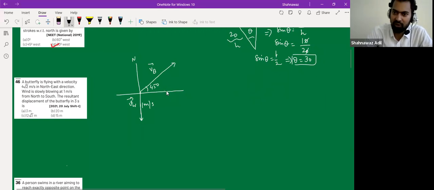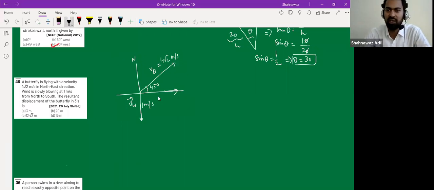What will be this component? VB is what? 4 root 2 meter per second. The magnitude is 4 root 2 meter per second. What will be this part?